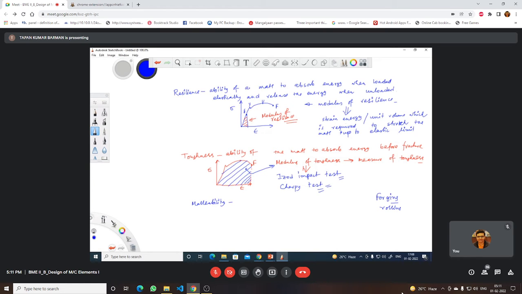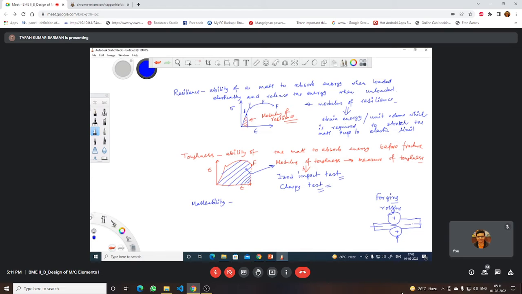In rolling operation, basically there are a number of rollers, and through this you have to pass your material. It may be like this. Due to the compression of this, like this, the material will be deformed to a different size.